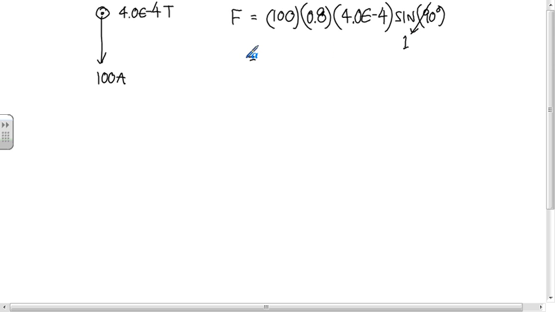And so you get a value of 320 times 10 to the minus 4. So 3.2 times 10 to the minus 2 newtons, or 0.032 newtons.